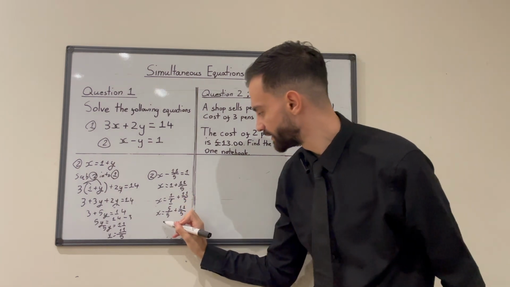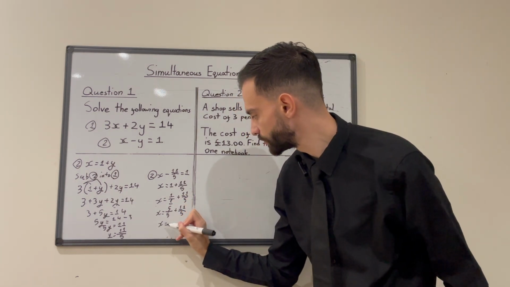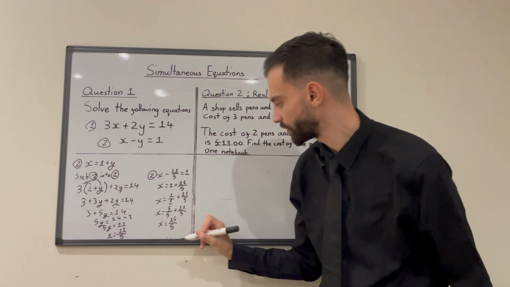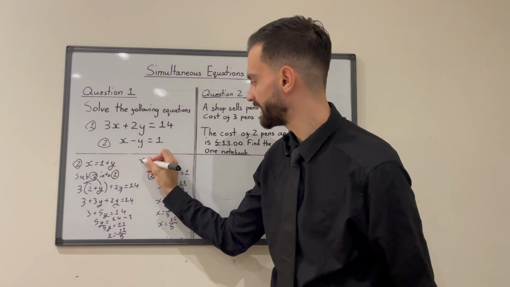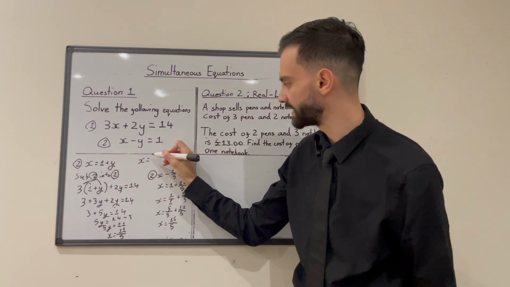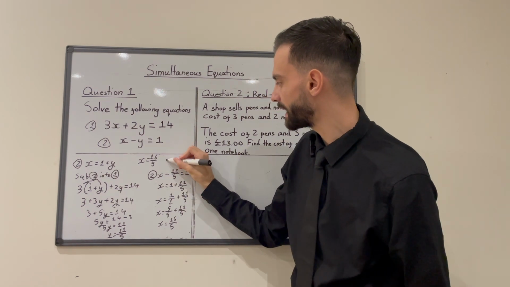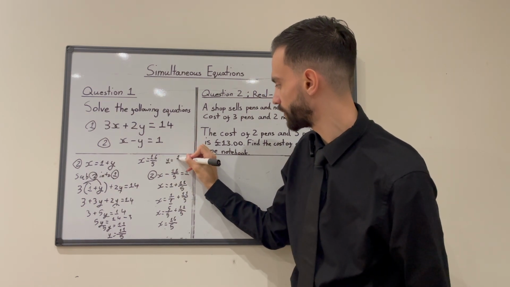Adding the numerators, I get x is equal to 16, keeping the denominator the same, 5. So my solutions are x is equal to 16 over 5, and y is equal to 11 over 5.